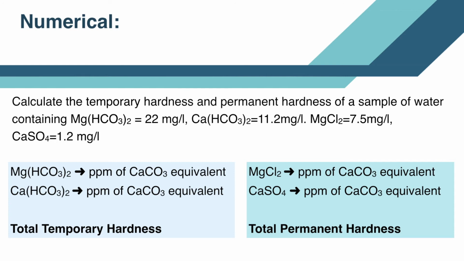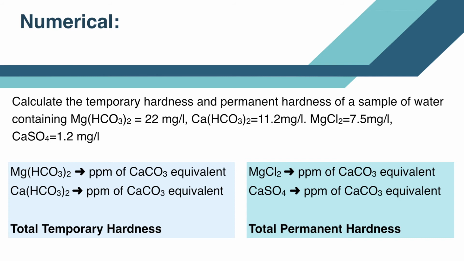Now your job will be converting each of these in terms of ppm of calcium carbonate equivalent. These 22 milligram per liter, 11.2, 7.5, 1.2 are not yet in ppm of calcium carbonate equivalent. You have to convert them. Take the amount 22, multiply by 100, divide by the molecular weight of magnesium bicarbonate.